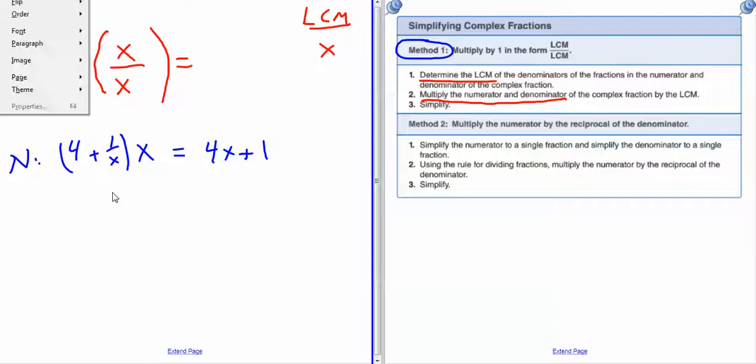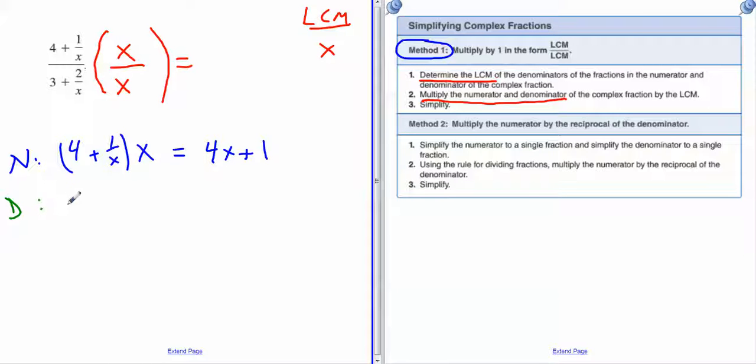In the denominator, I'm multiplying 3 plus 2 over x times x. Distribute that x to everything in there. 3 times x, positive times positive, is positive, and we don't write the leading plus sign. 3 times x is 3x.